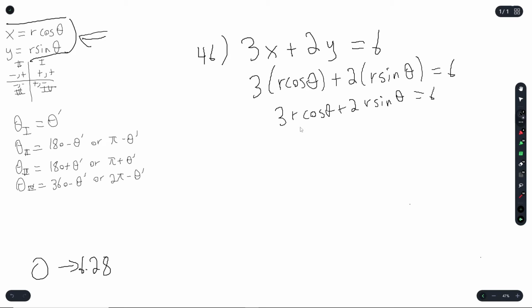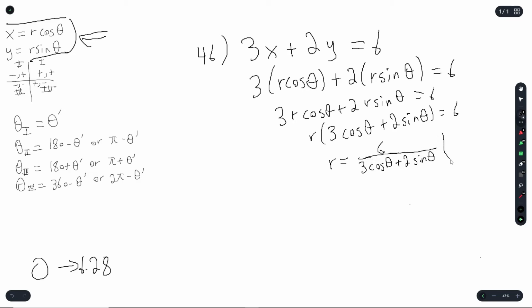And then we can factor r out here. So r times 3 cosine theta plus 2 sine theta equal to 6. Here we're basically isolating r. Then r is equal to 6 over 3 cosine theta plus 2 sine theta. And that's our answer.